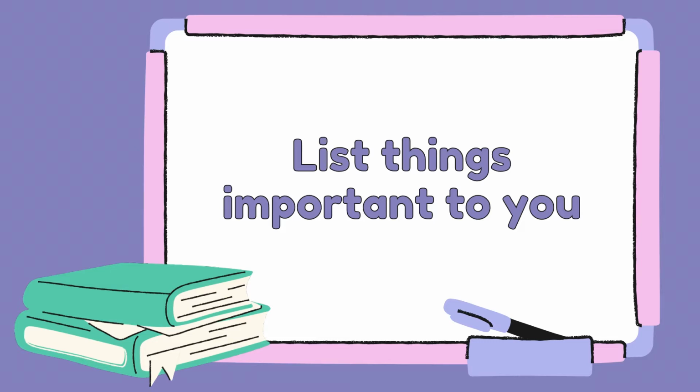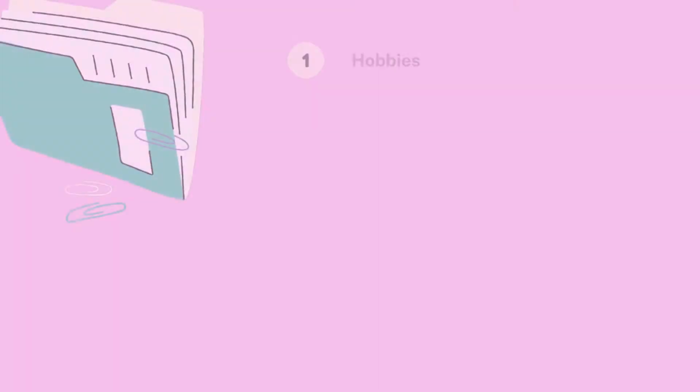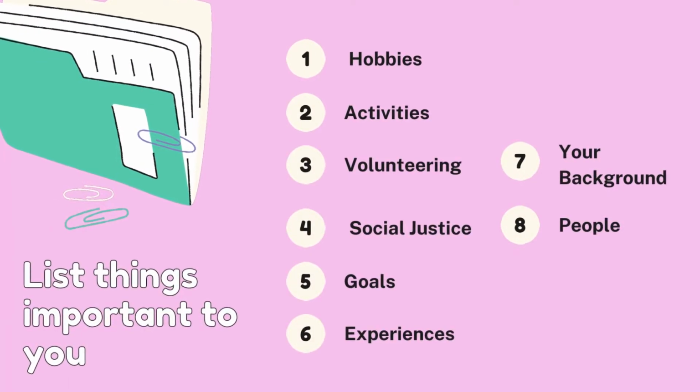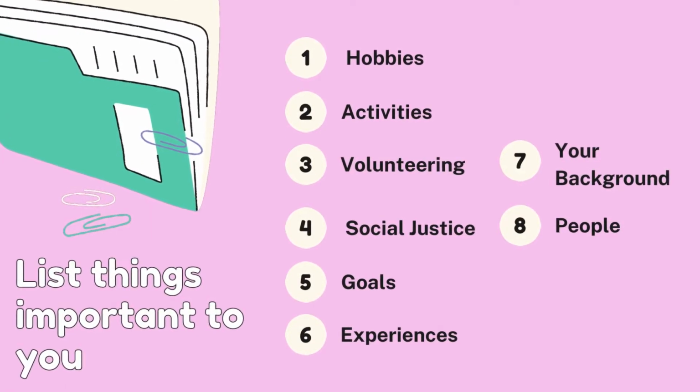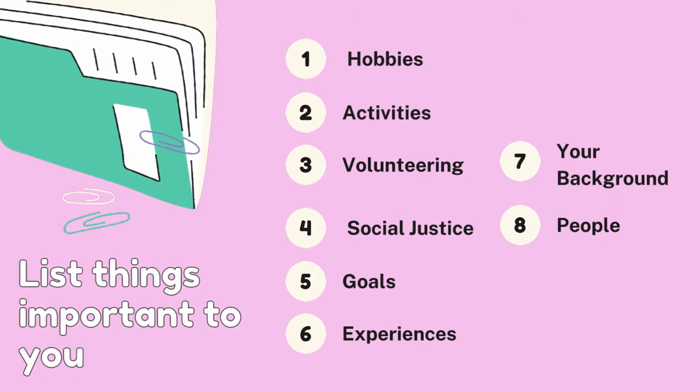So anything from hobbies, activities, volunteering, social justice, your goals in life, different experiences that you have, your background, or even people that have changed or shaped you. Like I said in the first point, just let your stream of consciousness flow. List some different things, people, activities for each of these categories, and just write everything down.